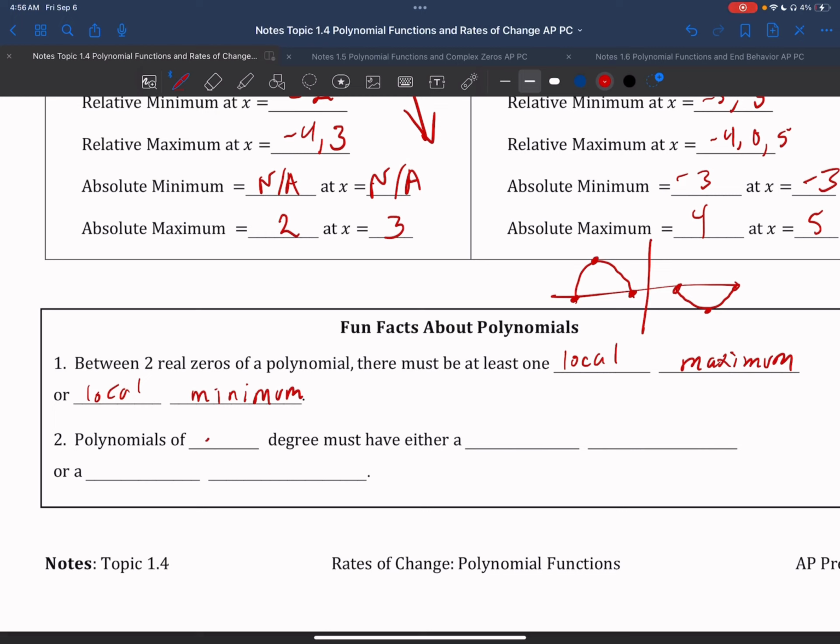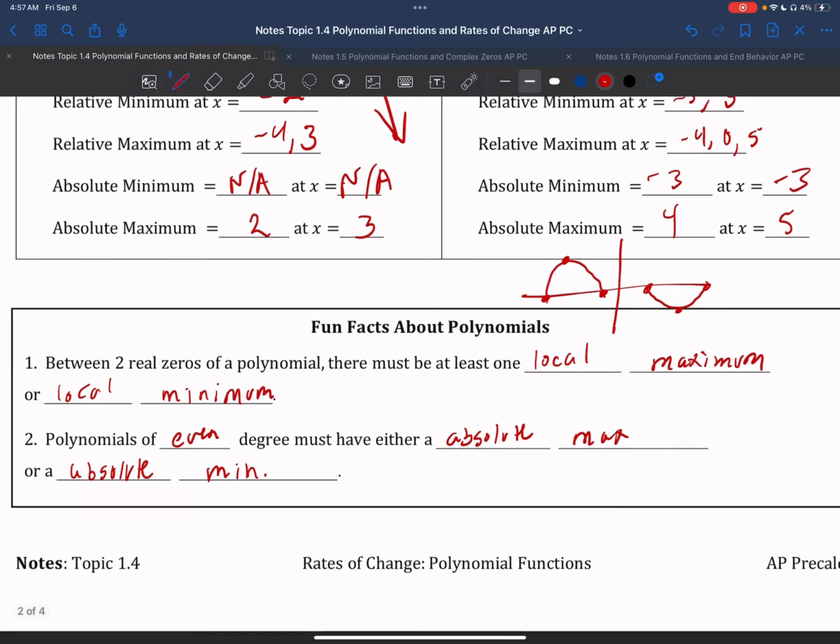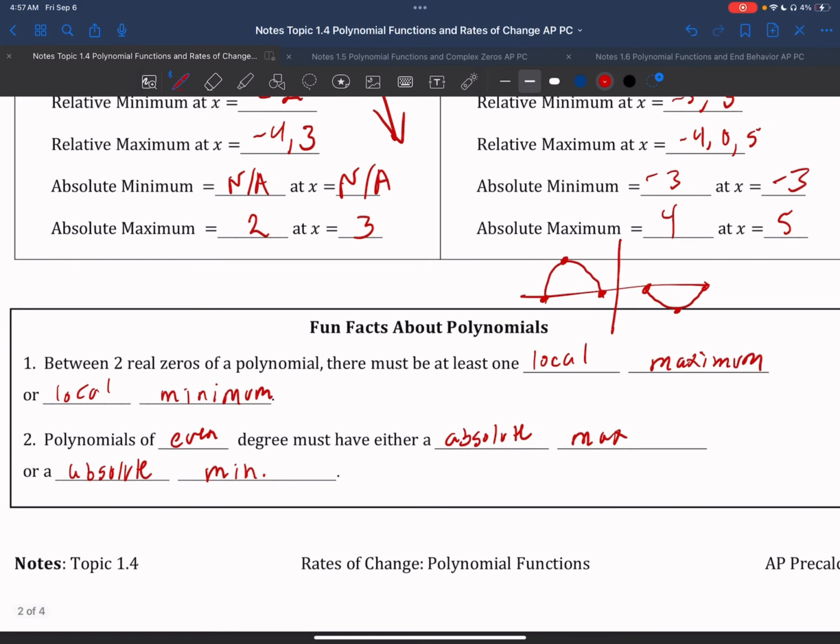Polynomials of even degree must have an absolute maximum or an absolute minimum. So even degree polynomials will have both of the arrows pointing the same direction.